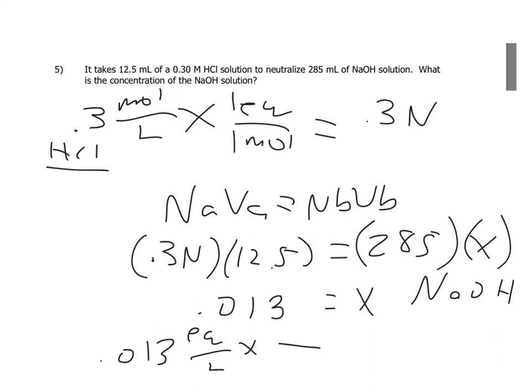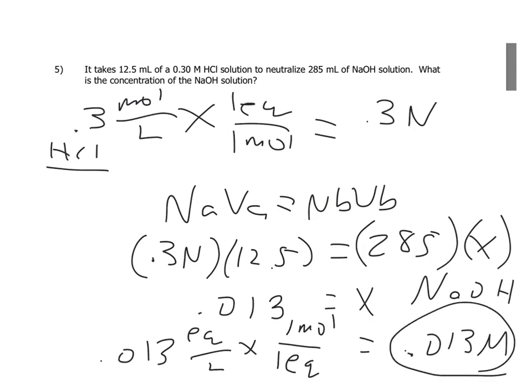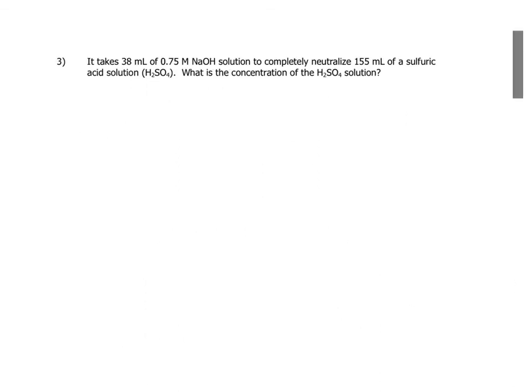So looking at NaOH, it has one equivalent because it has one OH per 1 mole of sodium hydroxide. So my strength of sodium hydroxide is 0.013 molarity.